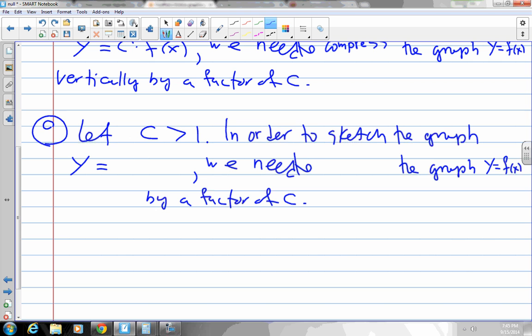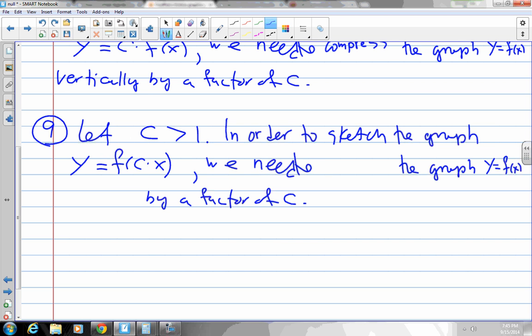So 9, and now I'm doing f of c times x. So now we're messing with the independent variable, right? But when inside the function, we're multiplying x by bigger than 1. Based on our pattern, we know how to fill in the rest.